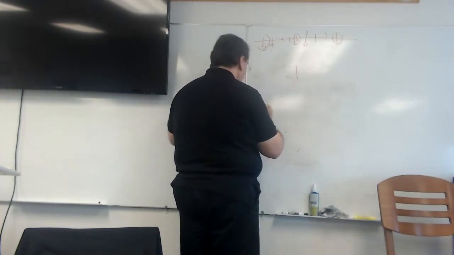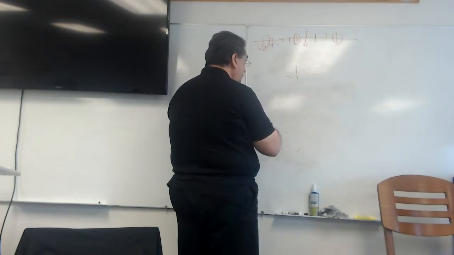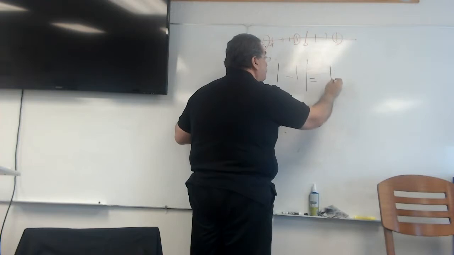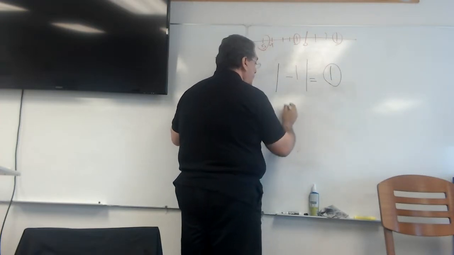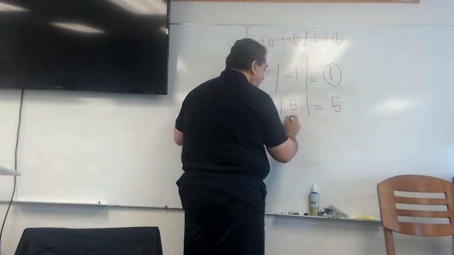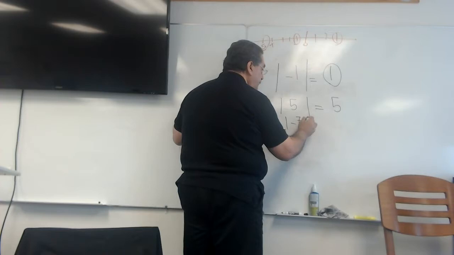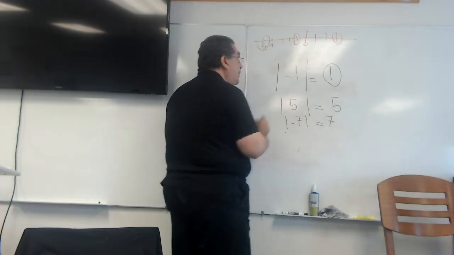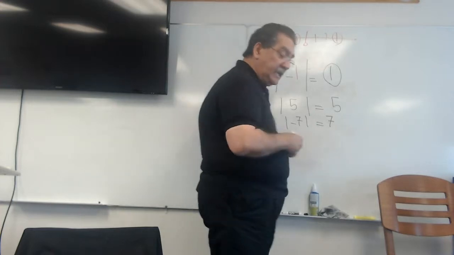If I put minus 1 in those perpendicular lines, it is equal to 1, just 1. The absolute value of 5 is 5. The absolute value of minus 7 is 7. It's only the distance between that number and 0, and it can never be negative. All right?